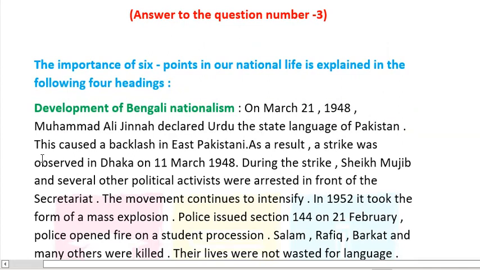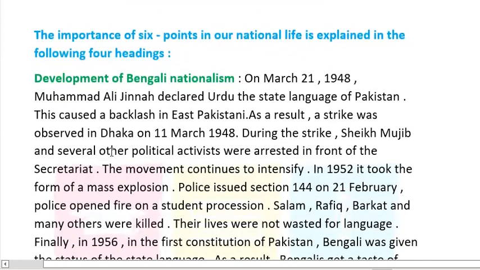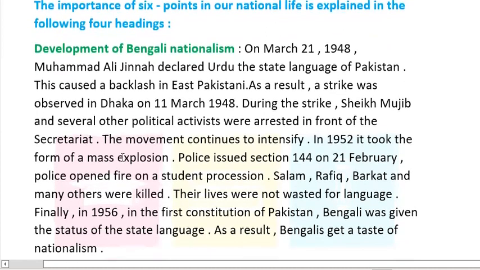As a result, a strike was observed in Dhaka on 11 March 1948. During the strike, Sheikh Mujib and several other political activists were arrested in front of the Secretariat. The movement continued to intensify. In 1952, it took the form of a mass movement.